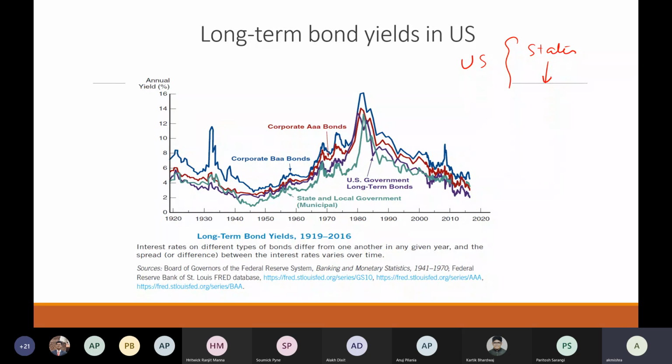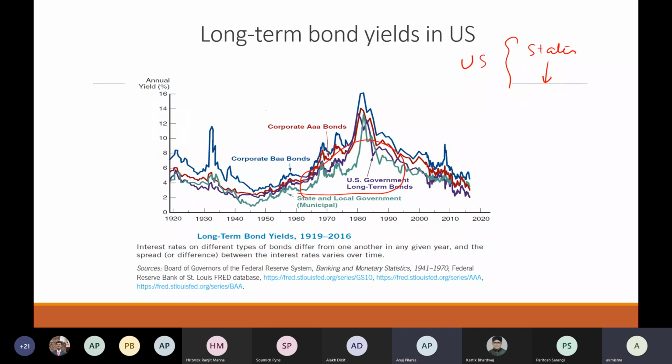And that is the reason why, as you have just correctly said, the interest offered by the state government, local government or municipal corporation is lower than what the US government treasury bond offered. Yes, your point is very valid, and the difference is how various states are performing at the economic front.